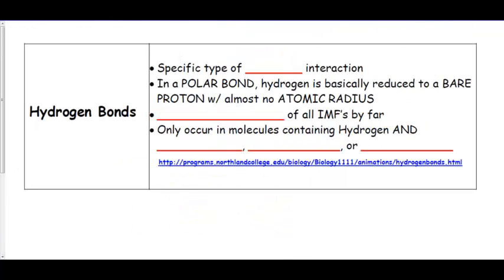Finally, the last type of force is called a hydrogen bond attractive force. It is a specific type of dipole interaction. Okay, in a polar bond, hydrogen is basically reduced to a bare proton with almost no atomic radius.